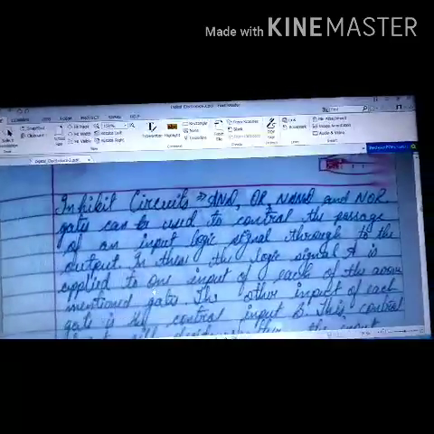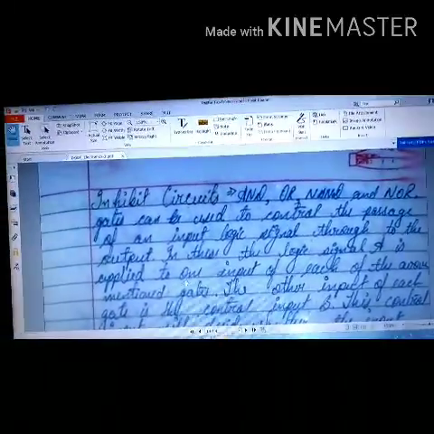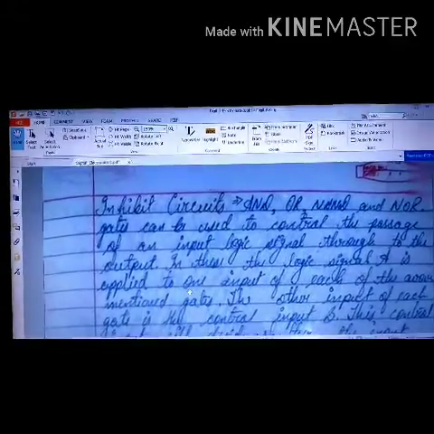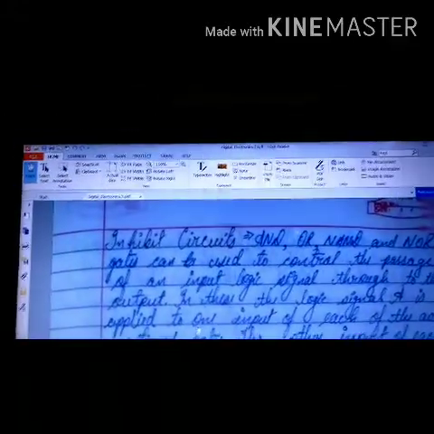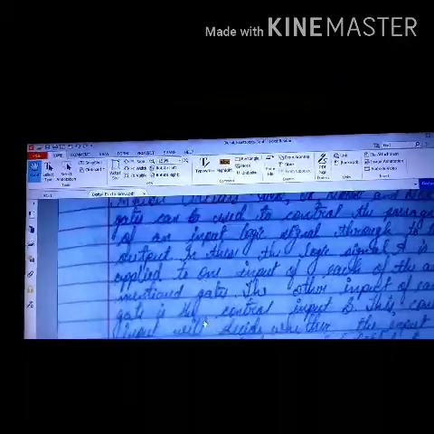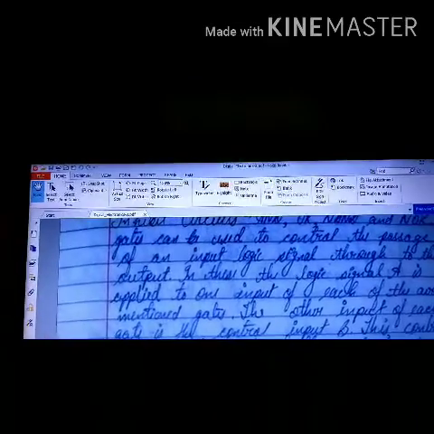Okay, then come inhibit circuits. AND or NAND and OR or NOR gates can be used to control the passage of an input logic signal through to the output. The logic signal is applied to one input of each of the above mentioned gates.